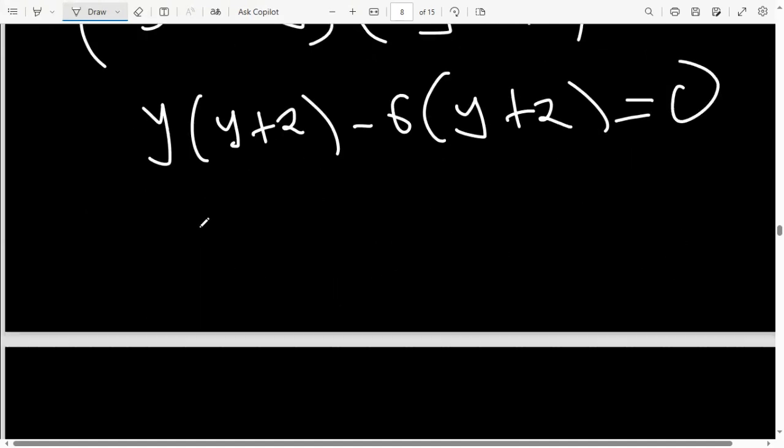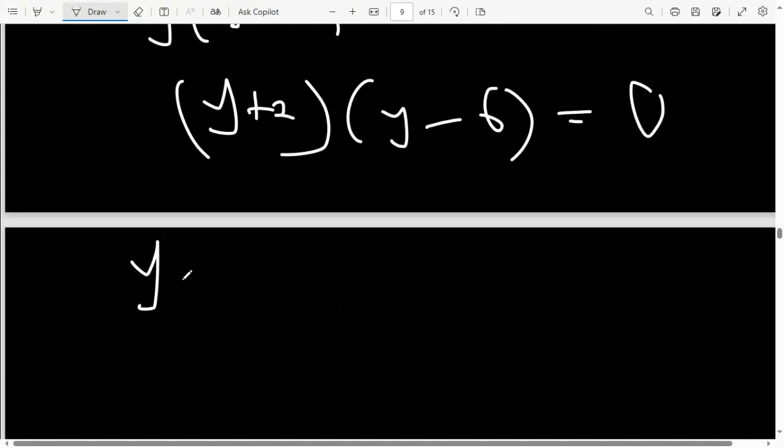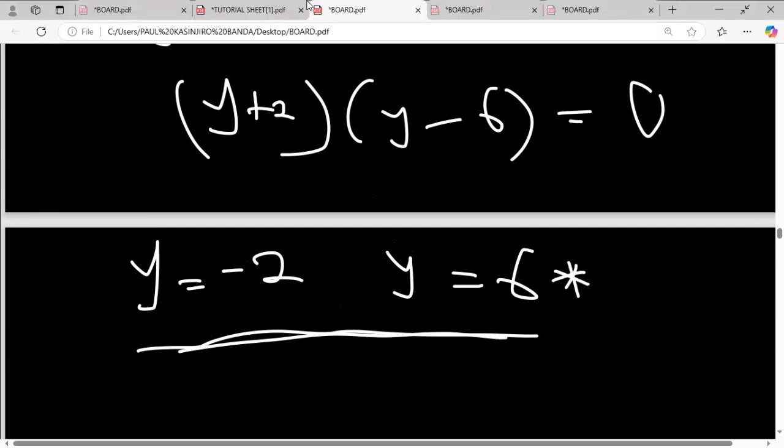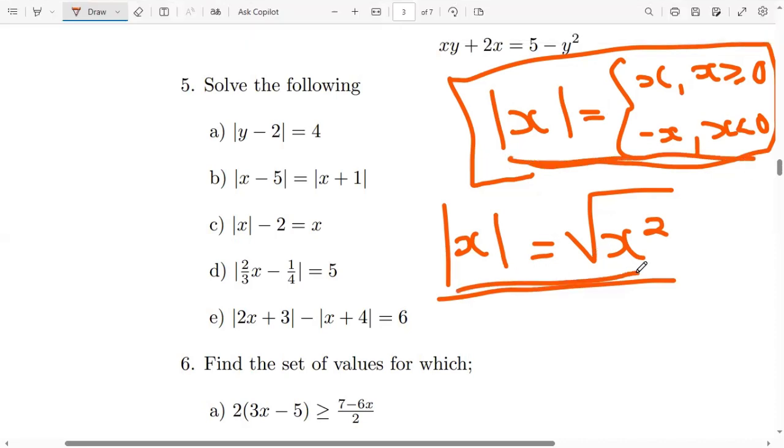So y plus 2 and y minus 6 are our two factors, which gives y is equal to minus 2 and y is equal to 6. You see that we find the same answer. You can use either definition, and the answers are the same, but the simplest definition to use is the first one.